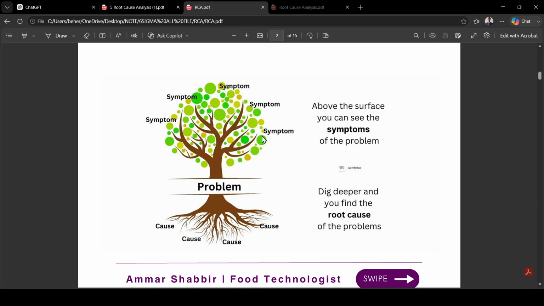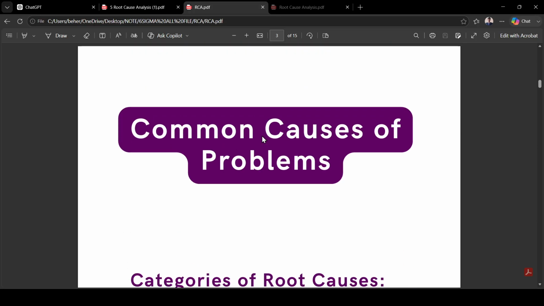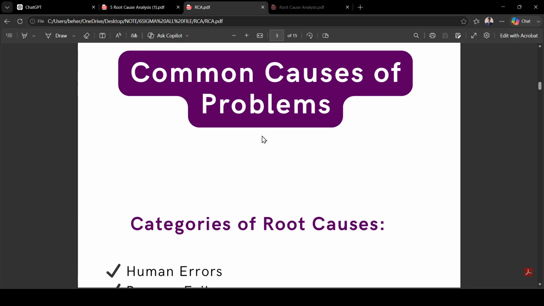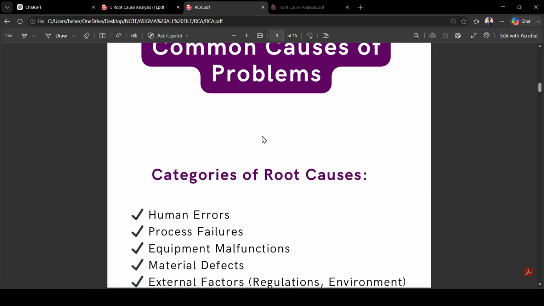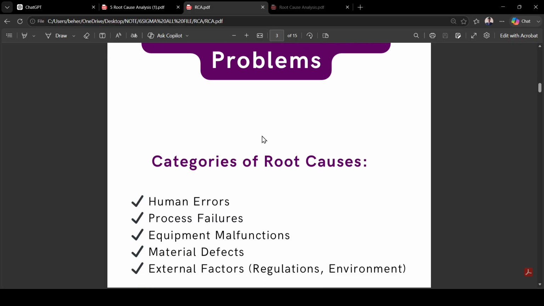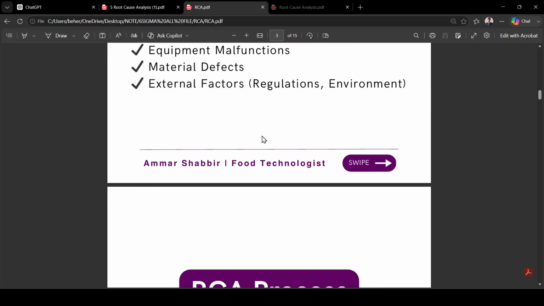The common categories of root causes are human error, process failure, equipment malfunction, material defects, external factors, regulation or environment.